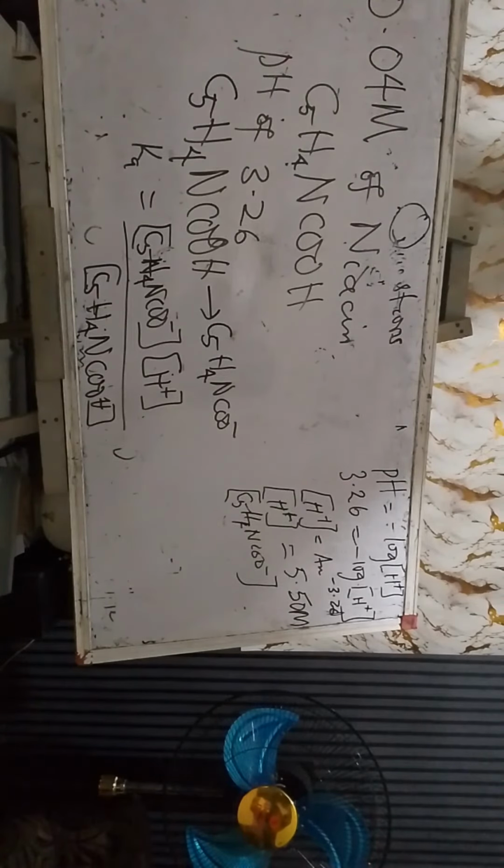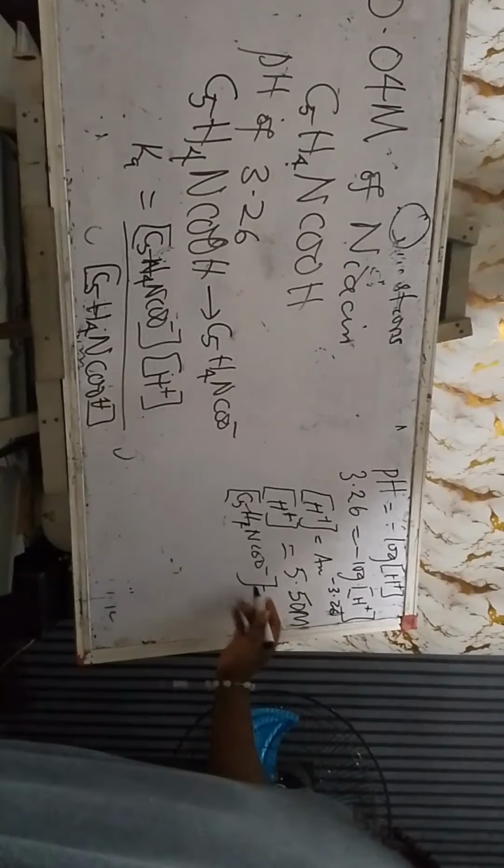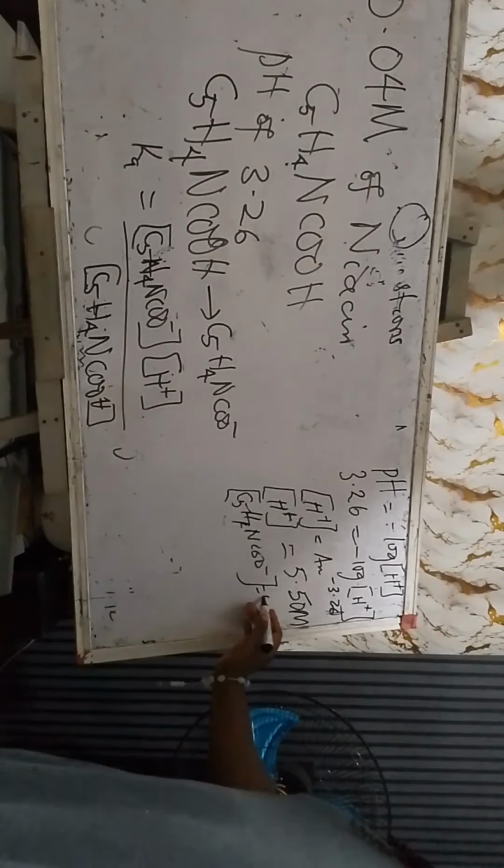Okay, so it's at 25 degrees Celsius, so it means that the hydrogen ion is equal to the alkoxide ion, which is 5.50 molarity.